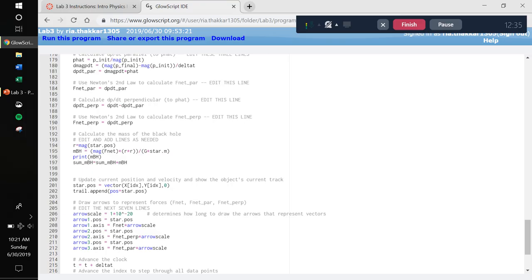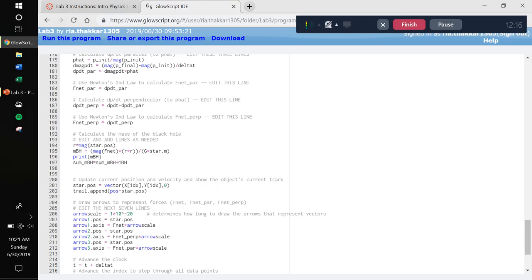And then to find the actual mass of the black hole, which was the objective of this lab, I first calculated the magnitude of the star's position, which I called R, and then used Newton's universal law of gravitation to calculate the mass of the black hole, which is then printed, which we'll see in a second.